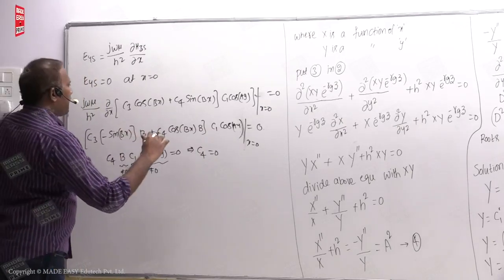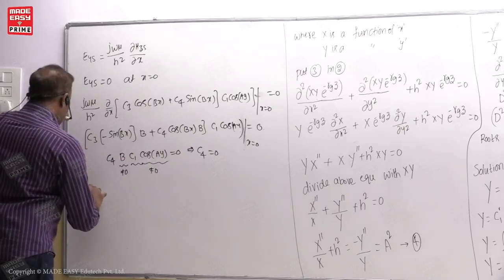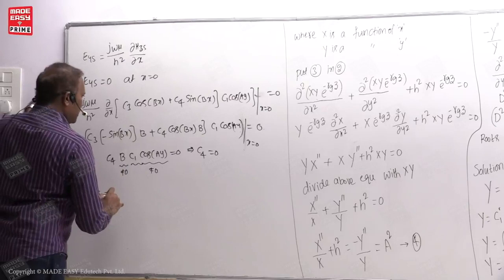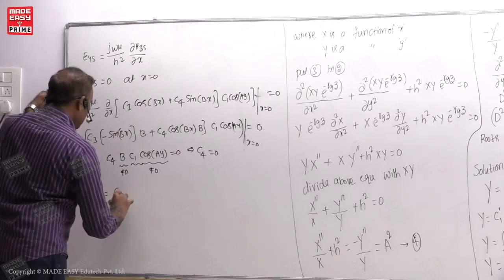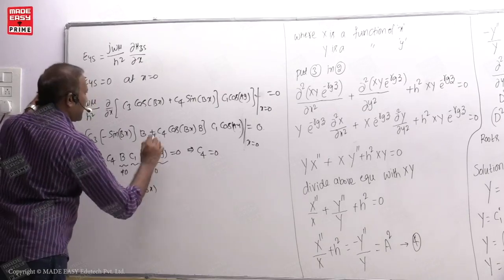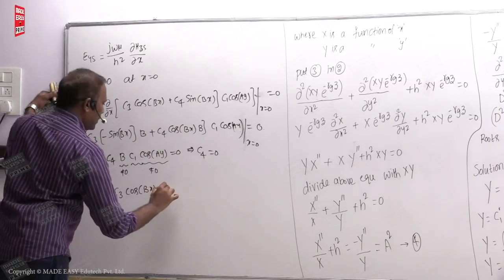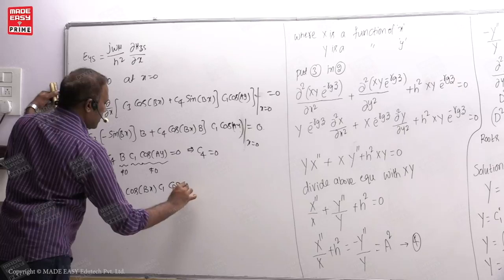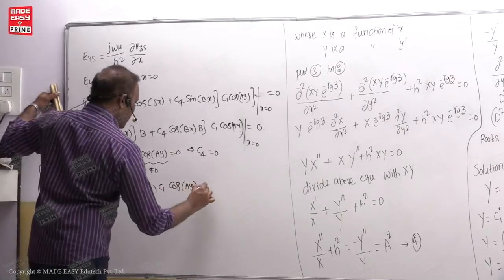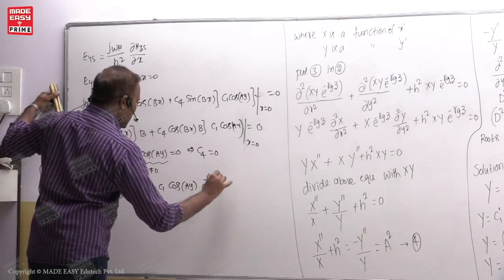Now that equation HZS, after substituting C4 as 0, becomes C3 cos bx, then C1 cos ay, e power minus gamma g z.